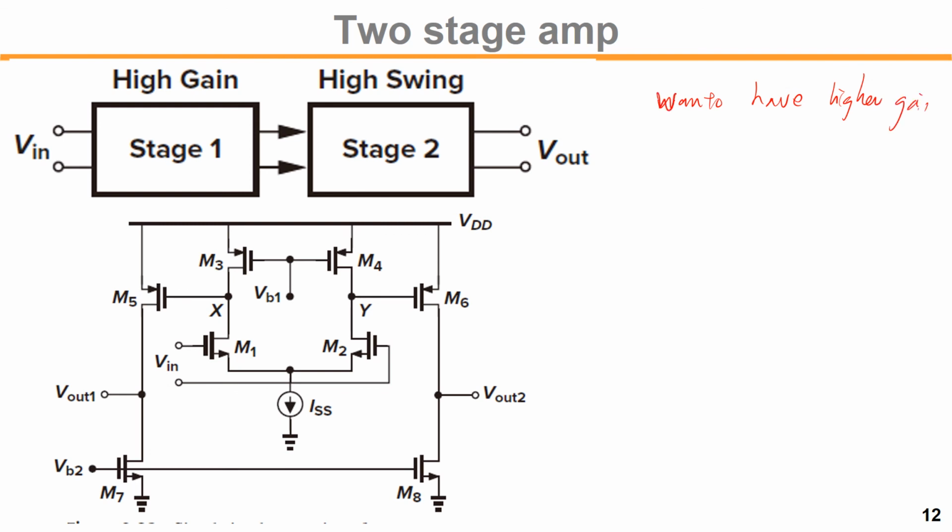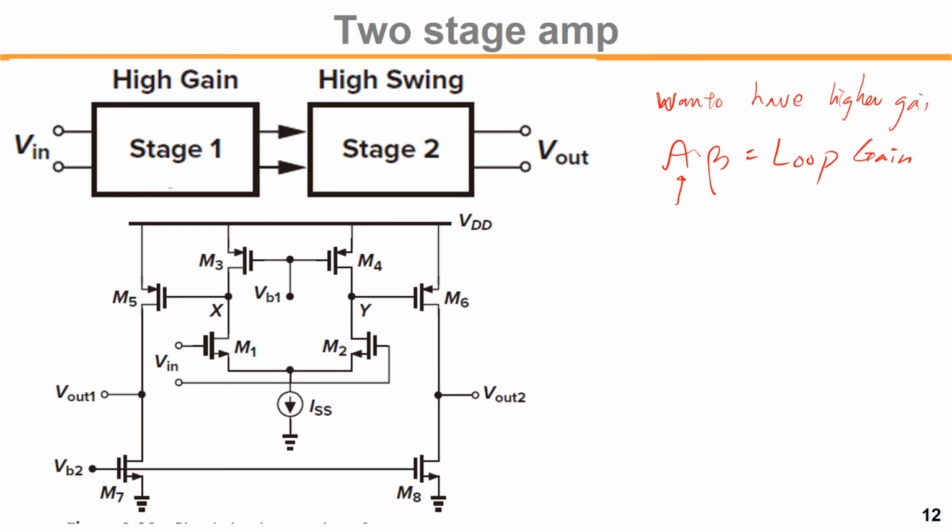Why? Feedback loop, strength of the feedback loop is determined by the loop gain. If the loop gain is A beta, we want to increase by the A, larger amplifier gain, right? The loop gain in a typical negative feedback. So we cascade two stages.